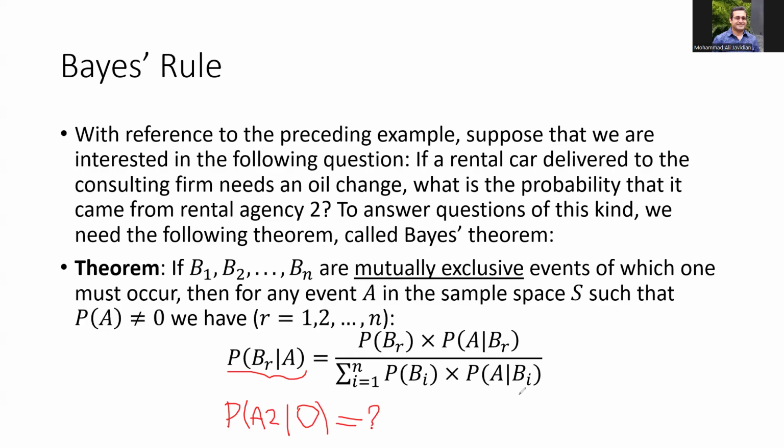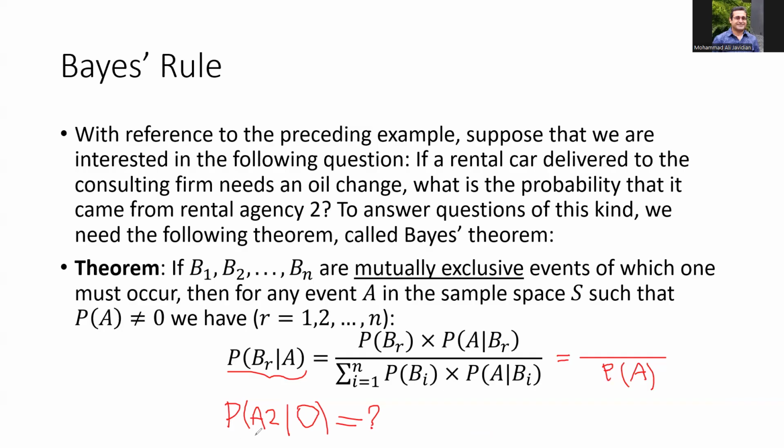To compute the Bayes rule, the probability of a subclass given the event is very simple. You compute the total probability in the denominator. P of A is your denominator, and the numerator is the probability that you compute only for the branch of interest.